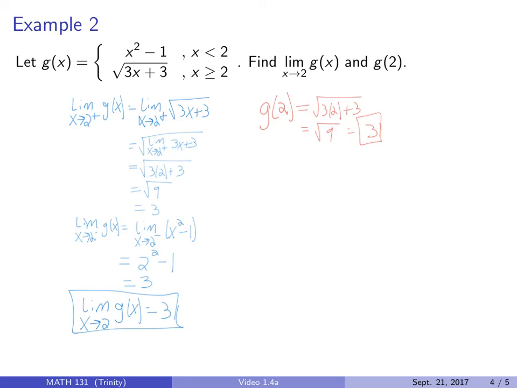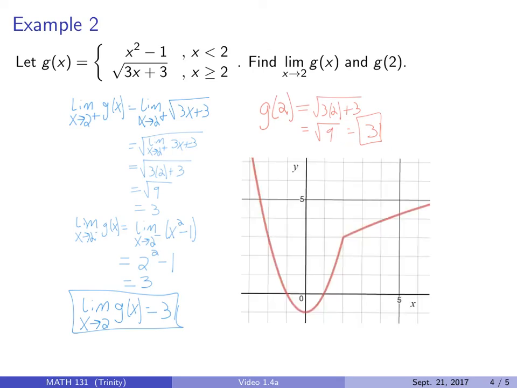Again, let's look at the graph to see what happens. Here we can see that as x approaches 2, my y values approach 3, and then also if I plugged in the value x equals 2, we would get the y value of 3. So the limit and the function value meet up at this point right here. So this graph is connected in a way. If you tried to trace this graph, you could do so without picking up your pencil.